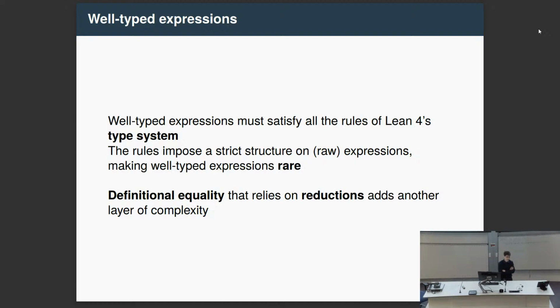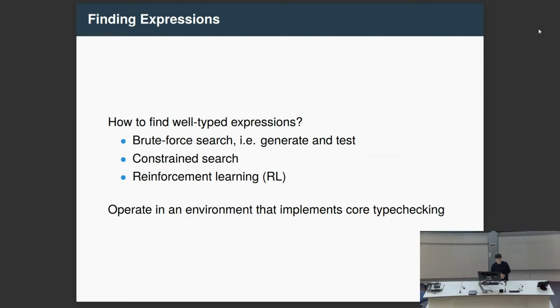This relies on reductions, where expressions that appear dissimilar might end up becoming definitionally equal. So when you want to create an expression that satisfies all these rules, you also have to take into account this additional definitional equality.